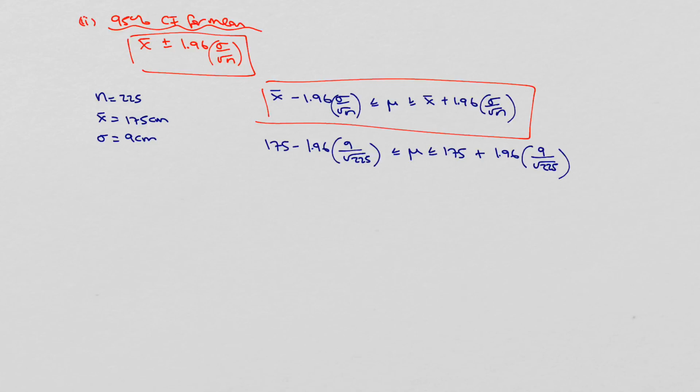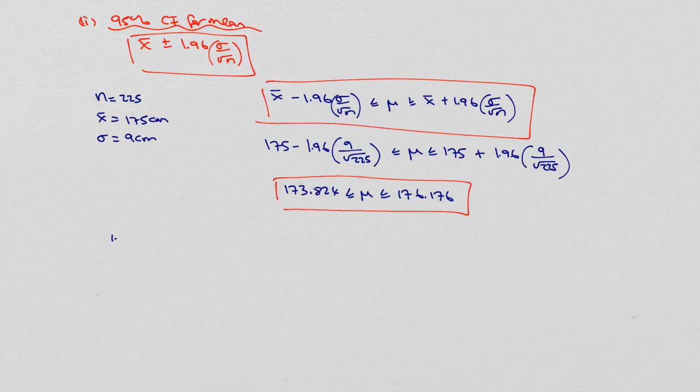Okay, so subbing those values in, we end up with 173.824 less than or equal to the true population mean, less than or equal to 176.176. So now we have our 95% confidence interval.